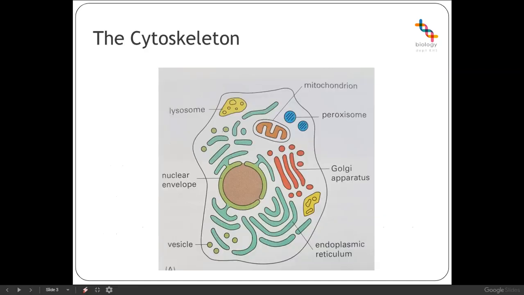So up until now, we've looked at basic eukaryotic cells and we've considered all of the organelles that are within them. And we've mentioned previously the cytoplasm. However, it's not just as simple as a jelly-like substance floating around. There is something else within there that we haven't mentioned up until now, and this is what we refer to as the cytoskeleton.